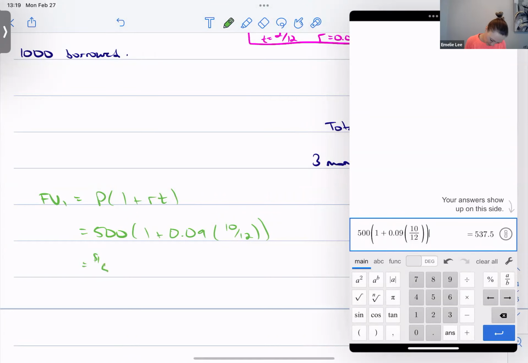Oops. Is what she would have paid 5 months from the agreement date, right? I borrowed $500. Now I need to give you $537.50. Fair enough.